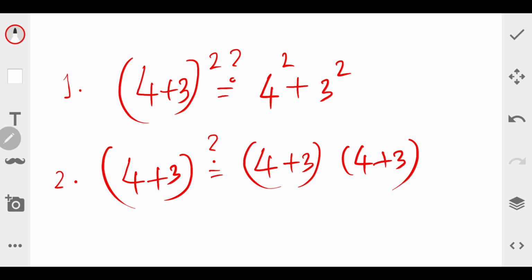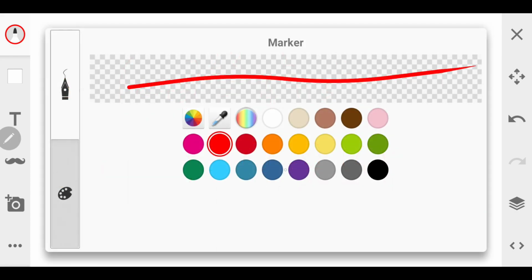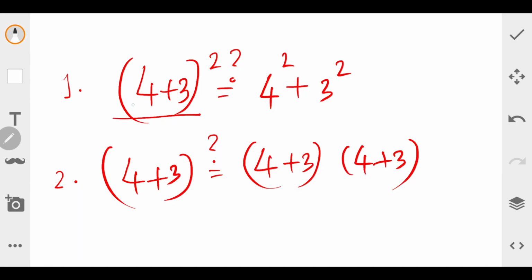Okay, so let's look at the first one. Forget about the right hand side, which is 4 squared plus 3 squared. Let's look at the left hand side, which is 4 plus 3 squared. Parentheses, obviously we have to do first. So 4 plus 3 is 7, and 7 squared is 49, right?